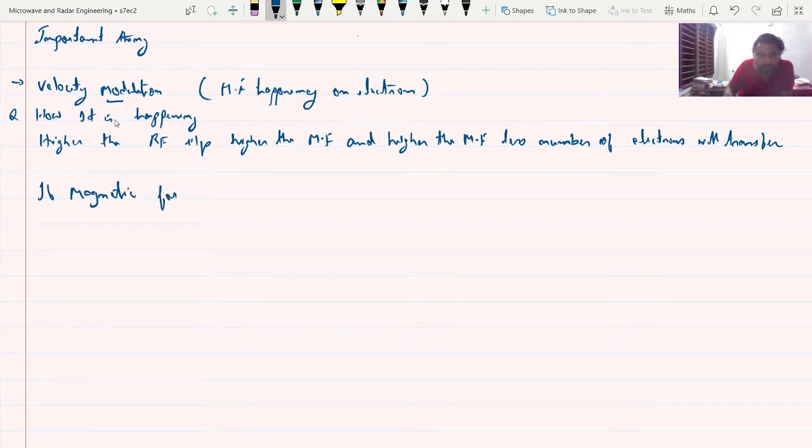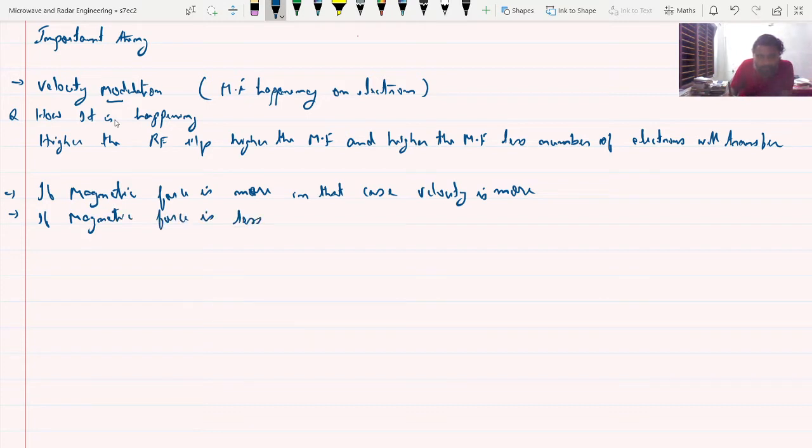Similarly, if magnetic force is less, in that case velocity is less. Okay. So these two important things we have to keep in mind.